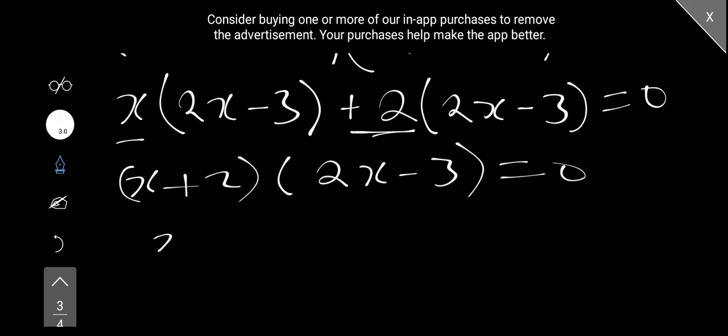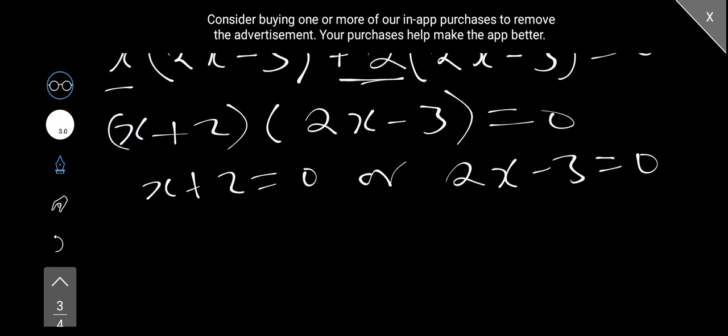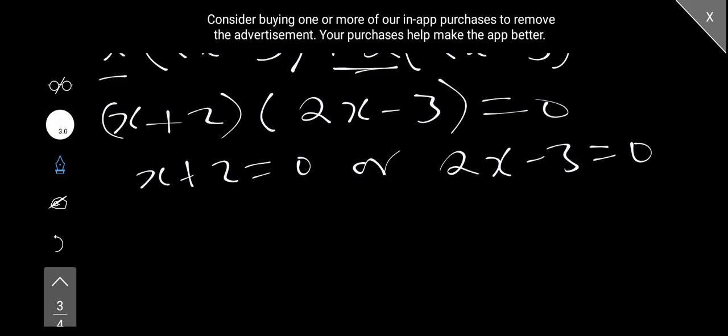So then we have x plus 2 is equal to 0. And we have also, so we have two answers. So we have x plus 2 is equal to 0, or 2x minus 3 is equal to 0. Then we just solve these simple linear equations.